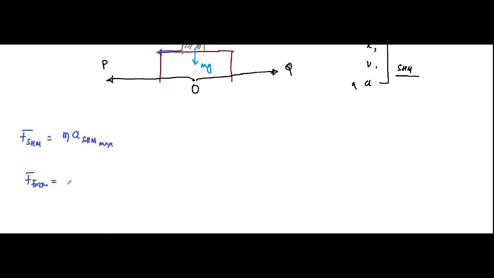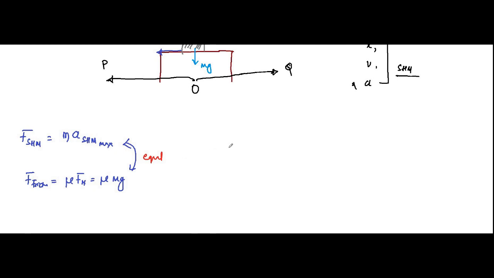This is mu into Fn, which is equal to mu into mg. So this is the condition. These two should be equal so that they cancel each other out.